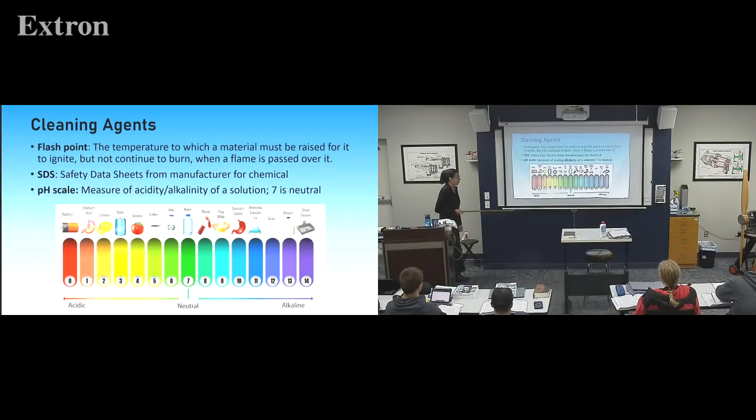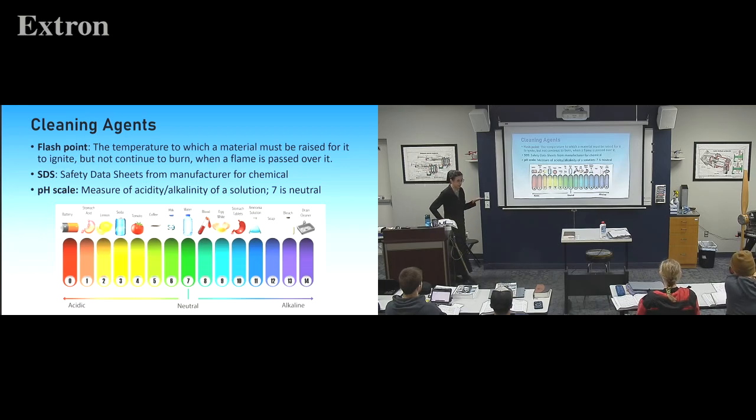And then you need to be familiar with the pH scale. Anyone remember this from high school chemistry and doing experiments like that? Very fun. It's a measurement of the acidity versus alkalinity of a solution.